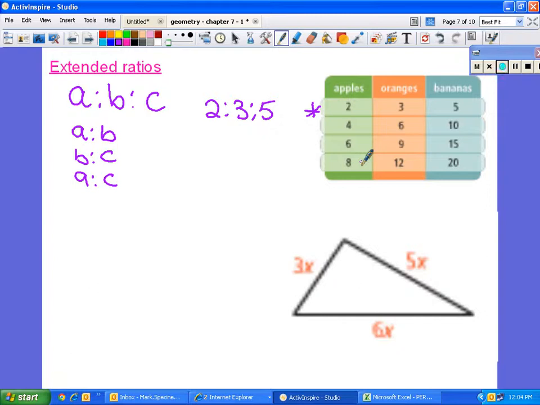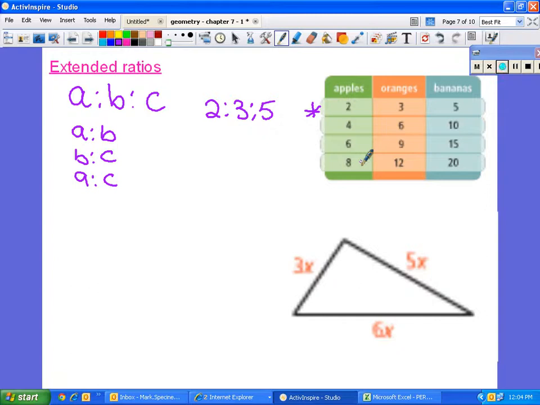We're multiplying. 2 times 2 apples. 2 times 3 apples. 2 times 4 apples. So here we're multiplying 3 times 2. 3 times 3. 3 times 4. And same thing with the bananas. Okay, so that is the concept of an extended ratio.